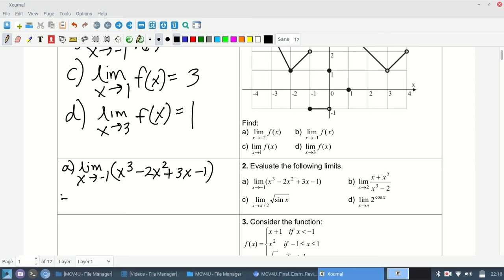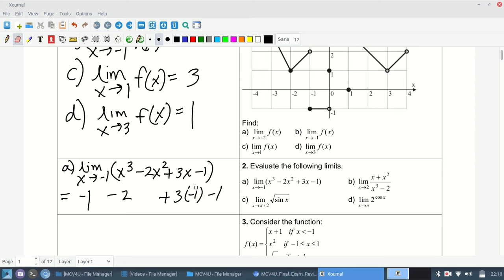So for this case, we've just got -1 cubed, minus 2 times -1 squared, plus 3 times -1, minus 1. Now, -1 cubed is just -1. -1 squared is just 1, so -2 times 1 is just -2.